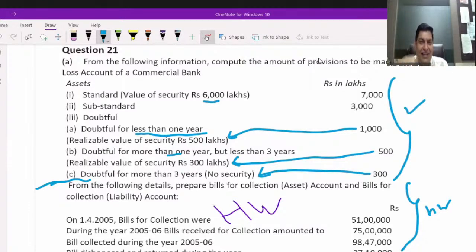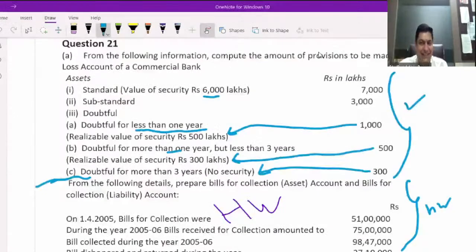Ria, if you are asking how we can cross verify the answer, you think on your own and then we will discuss, and then you will freeze.